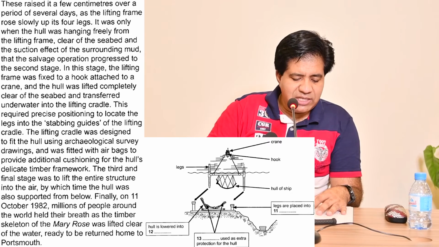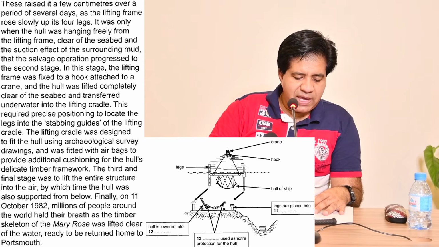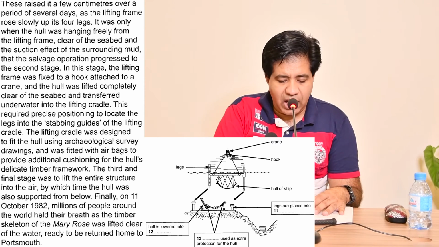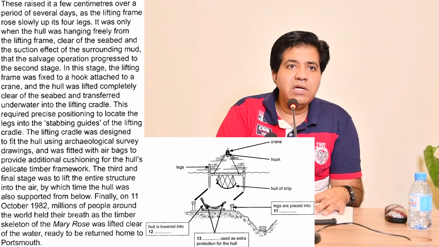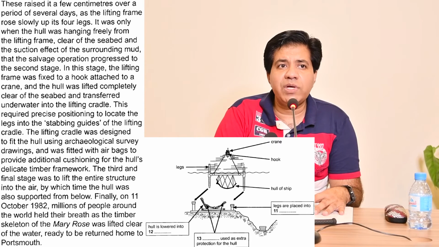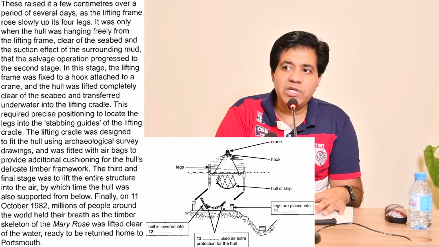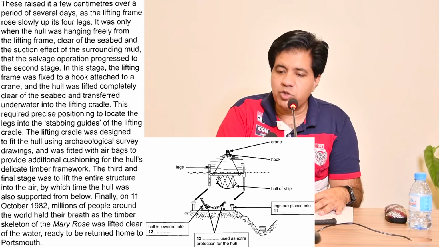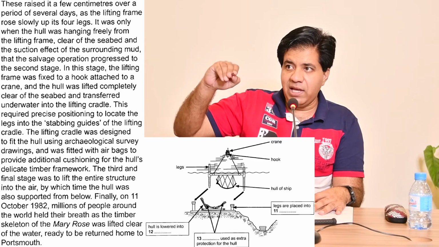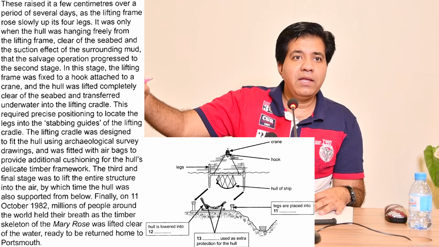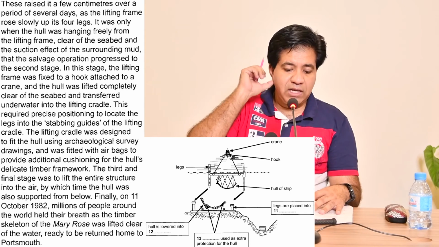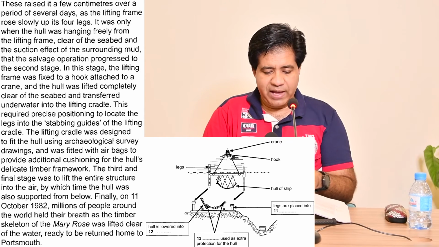The legs into the stabbing guides. Now stabbing guides is in inverted commas. You will not write any punctuation mark in listening and in reading. When you are transferring your answers to the answer sheet, don't use any punctuation mark. Just write stabbing guides, plural. Is that clear? You should be very, very careful about singular plural as well.